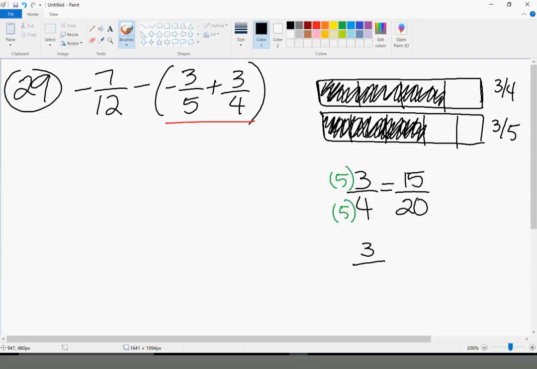If I change 3/5 to a number over 20, multiply by 4, so I have 12 over 20. So this also confirms that 3/4 is larger than 3/5. So since 3/4 is larger, that's the larger number. So we're going to take the sign of the larger. So the sign here is going to be positive.